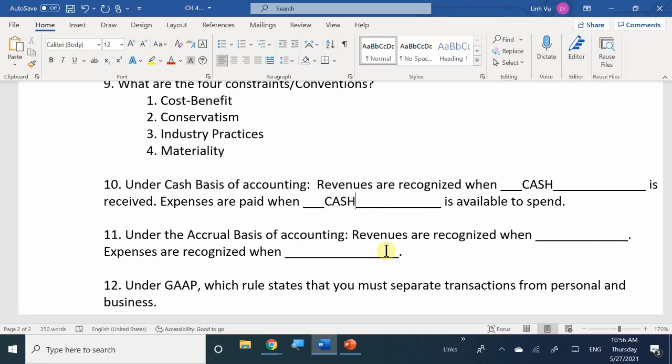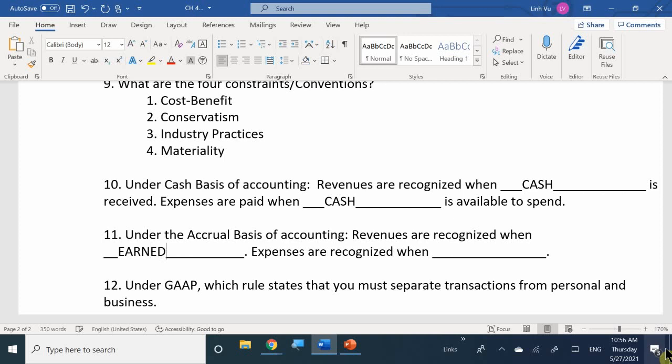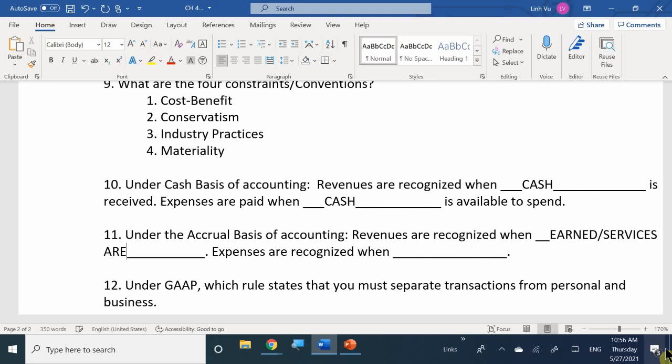Number 11. Under the accrual basis of accounting, revenues are recognized when blank. Services are completed. Good. Revenue earned. Earned, yes. That's good. Services are completed, right?